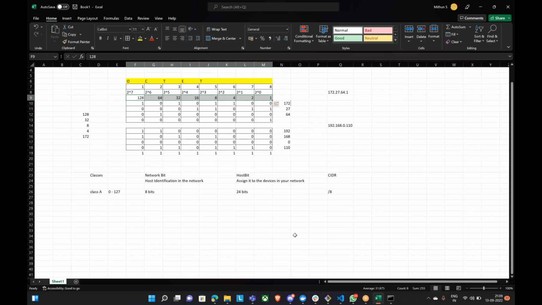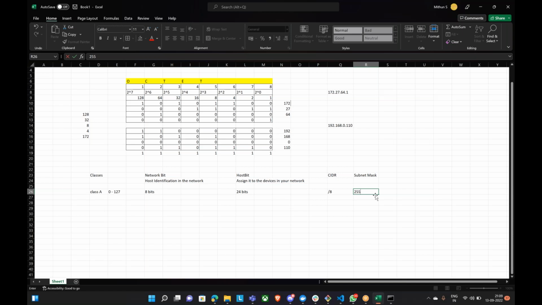What we discussed before, if all the places are replaced by 1, then you have to add. The value we are getting here is 255. So then what will be the subnet mask? This is the subnet mask here. The subnet mask will be 255, because if you add all this, we get 255, and the remaining we are not going to assign to the network bit, we are going to use it for the host. So this will be 255.0.0.0. This is your subnet mask.